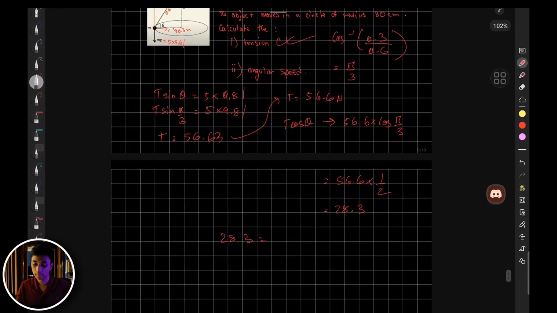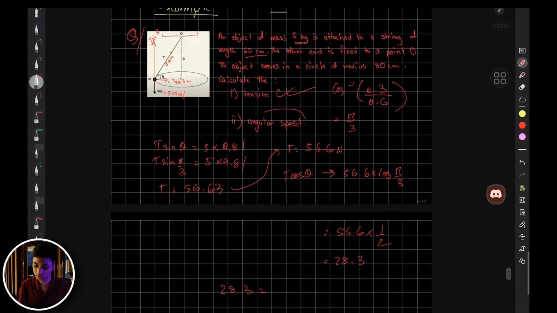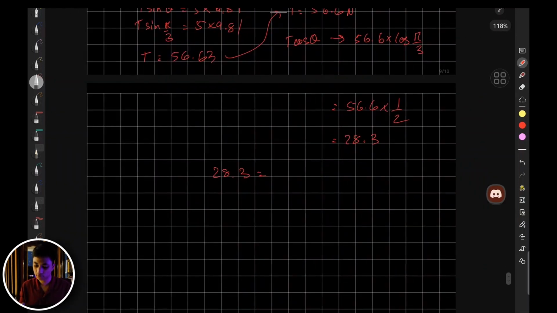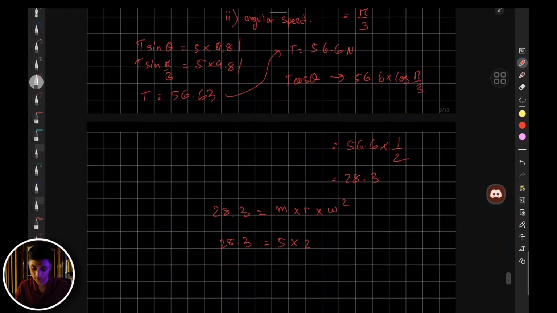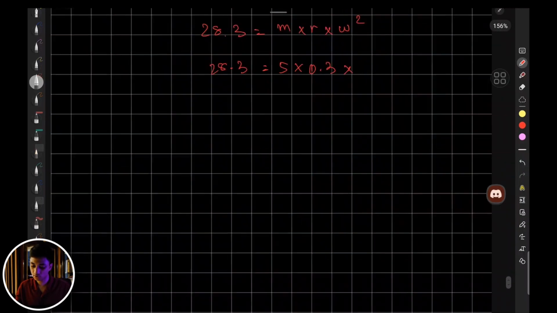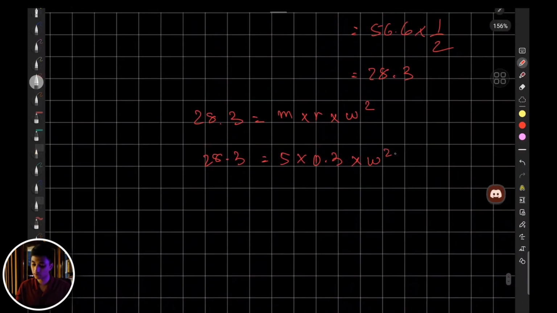What do we want? The angular speed. So we know the mass, which is 5 kg. So we can use m r omega squared. So 28.3 is 5 times radius, which is 0.3, times omega squared, which we are going to be figuring out.